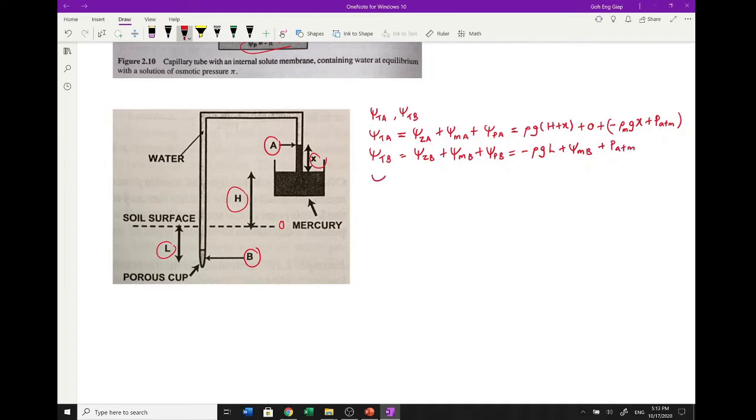So now we are going to equate the total potential of point A with the total potential of point B. What can we get from here? We get rho g (H plus X) minus rho M g X plus P atm.